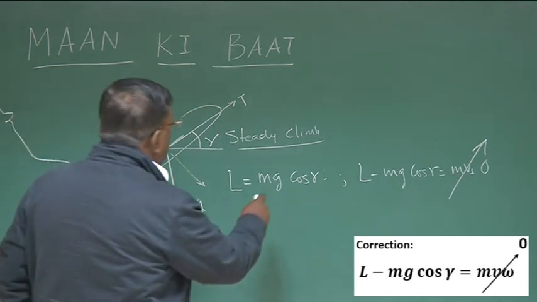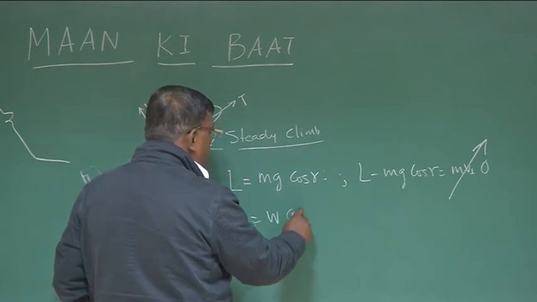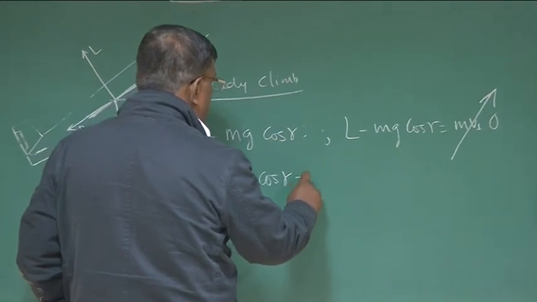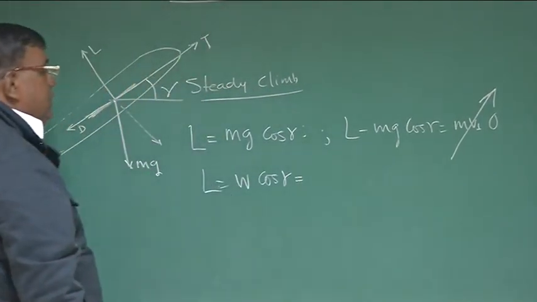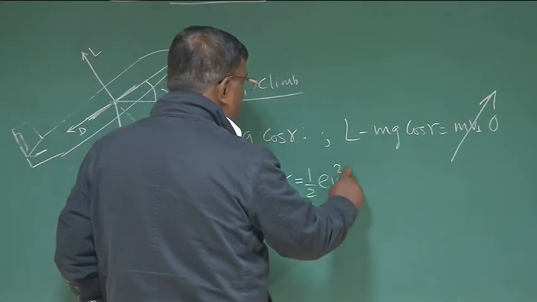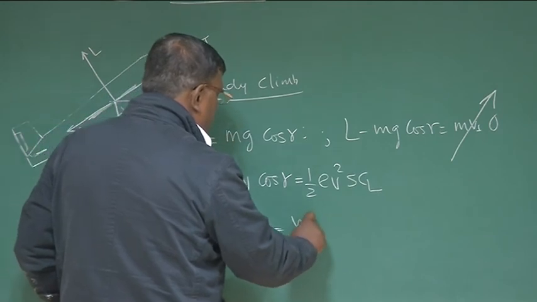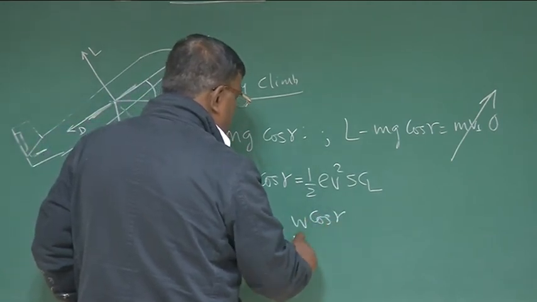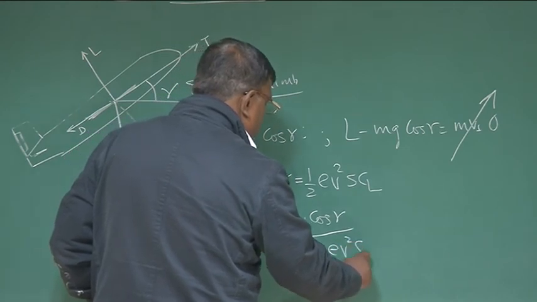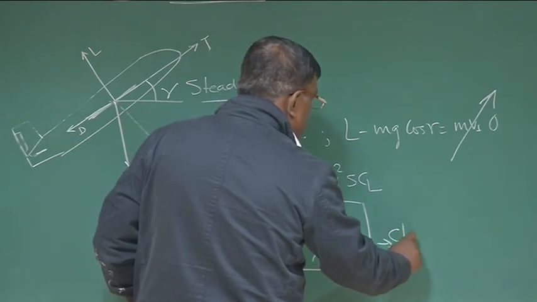So L equals mg cos gamma, or L equals W cos gamma. And what is L? L is nothing but half rho V square S CL. So I get CL equal to W cos gamma by half rho V square S. This is my CL climb.